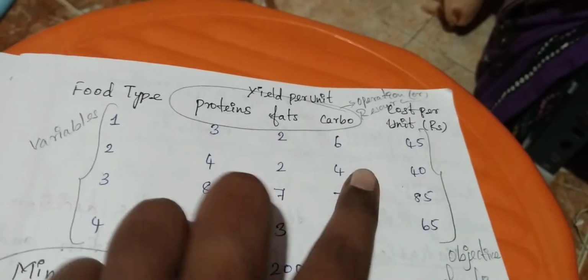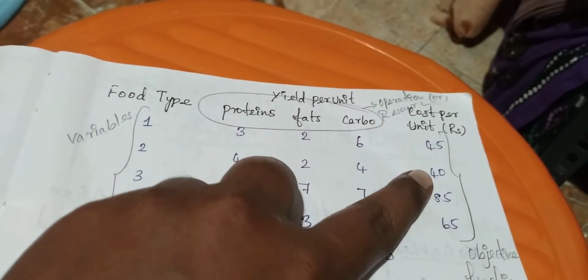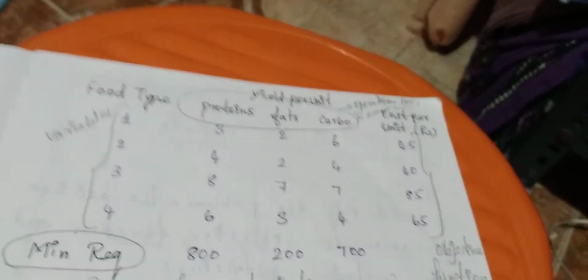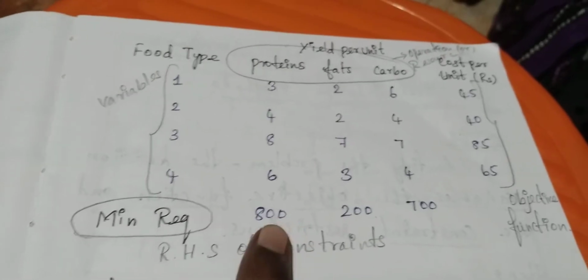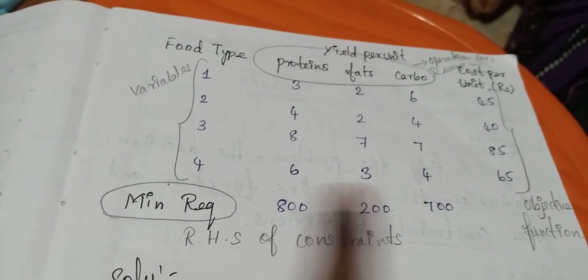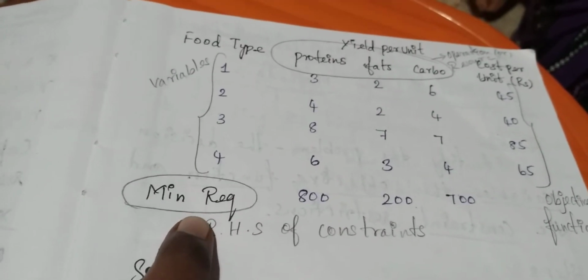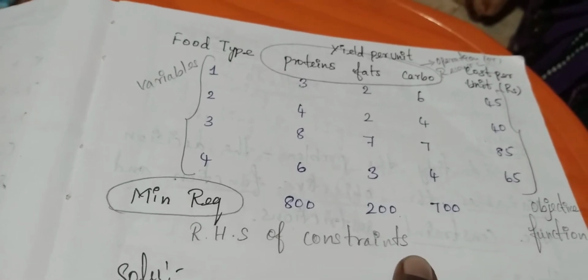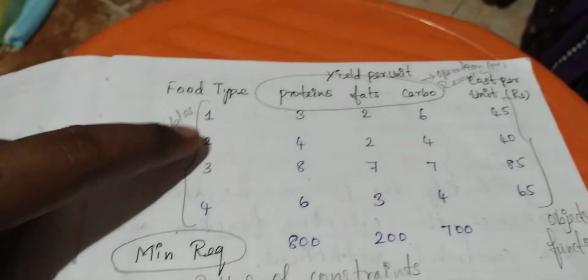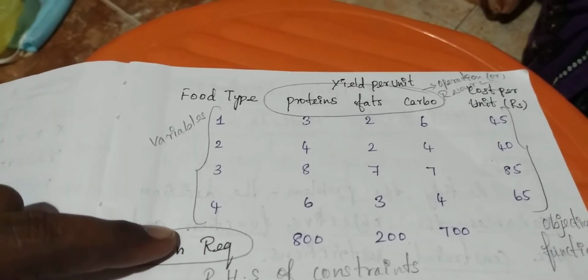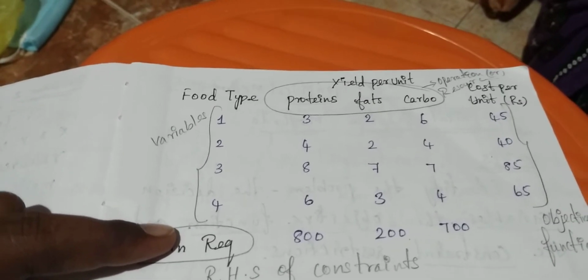Okay, so 45, 40, 85, 65, this is the objective function I have written here. So next one is 800, 200, 700. Minimum requirements they have given here. So this is the constraint. So how many variables they have given? 1, 2, 3, 4. 4 variables they have given.